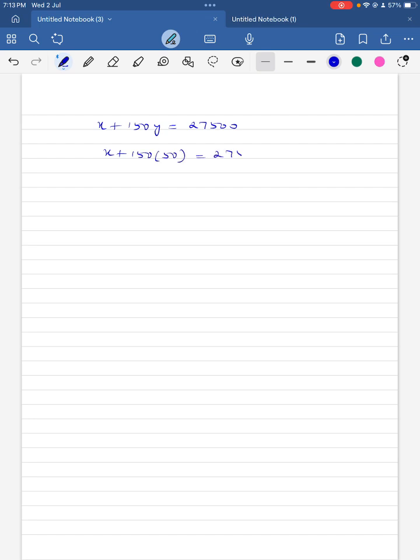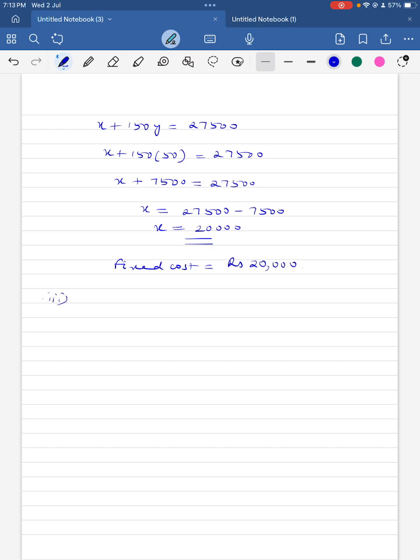So this is 150 times 50, which is 7,500. So X plus 7,500 is equal to 27,500, or the value of X now becomes 27,500 minus 7,500, which is equal to 20,000. Okay, so we've got the fixed cost. Fixed cost is equal to rupees 20,000.